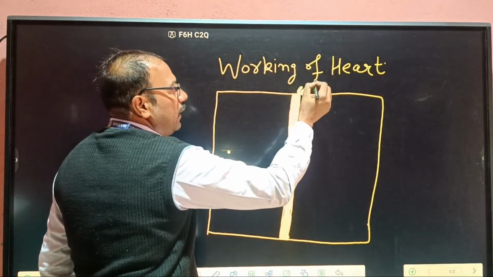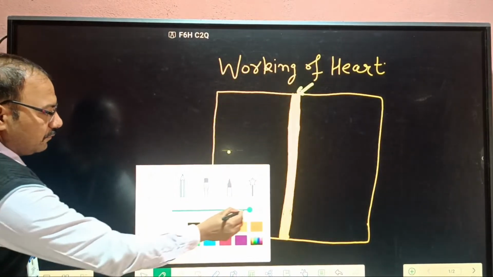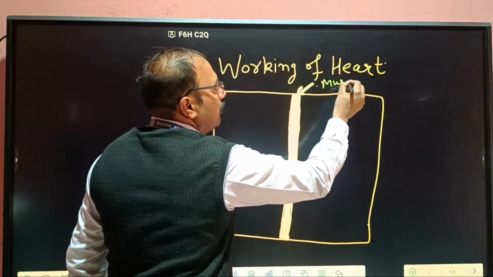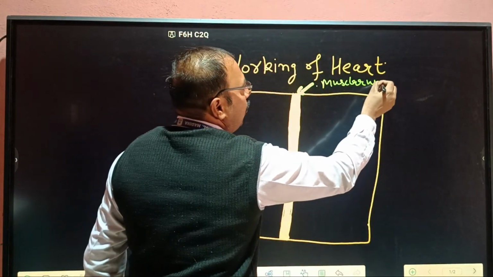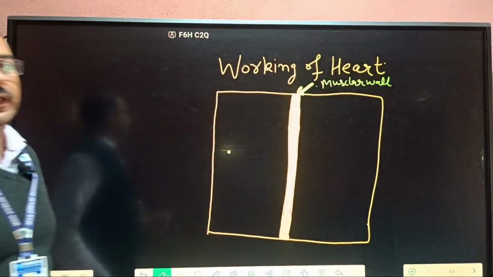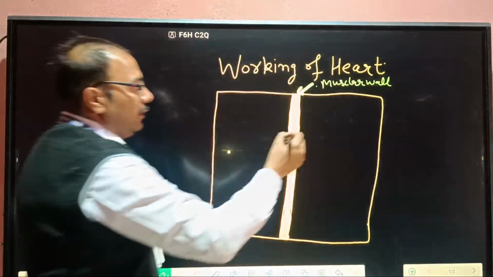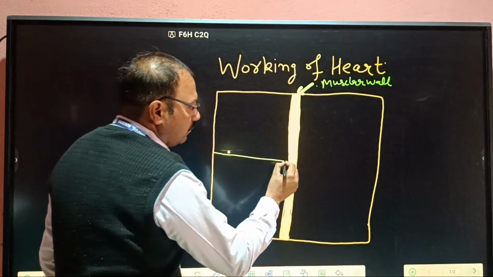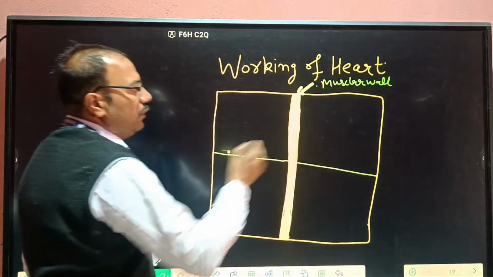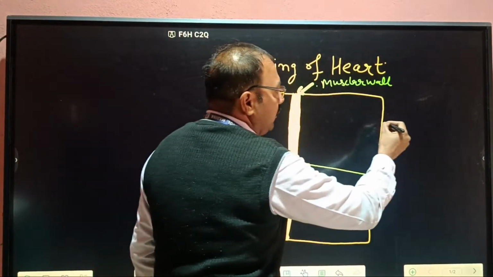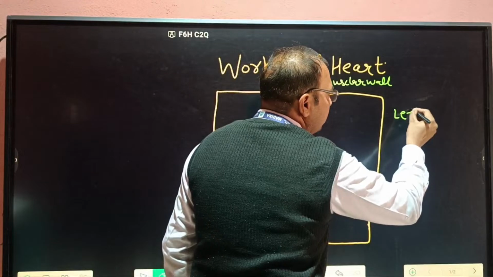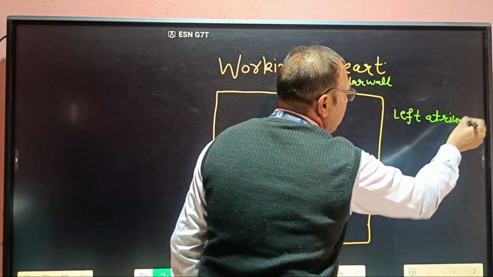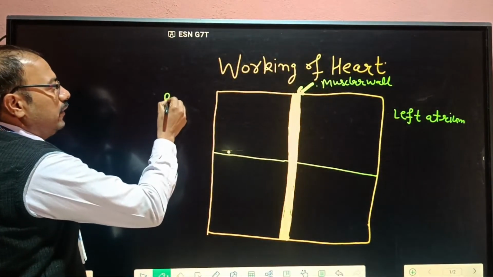This wall is known as the muscular wall, also known as the septum, and this consists of four chambers. So this is the left atrium, and this is known as the right atrium.